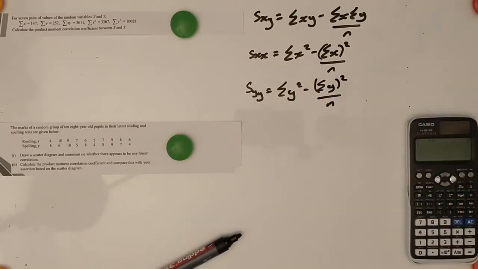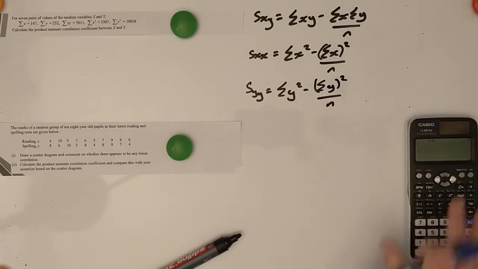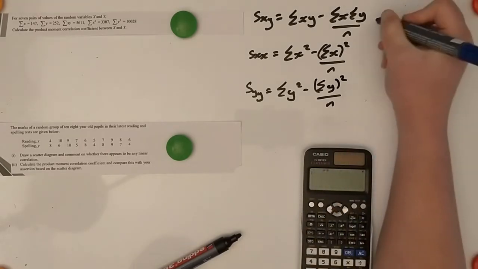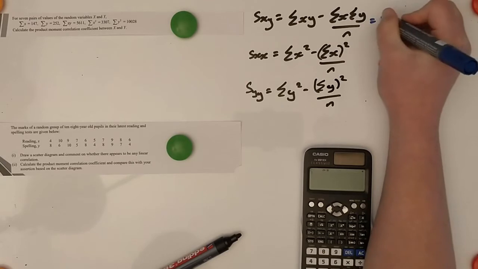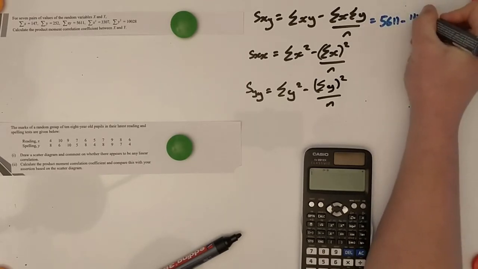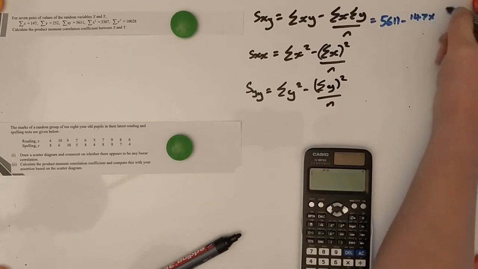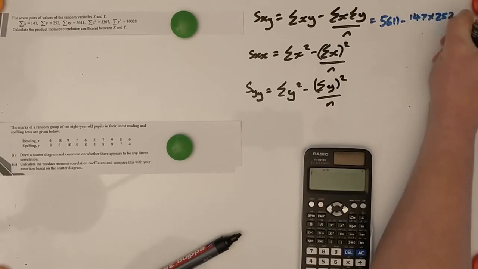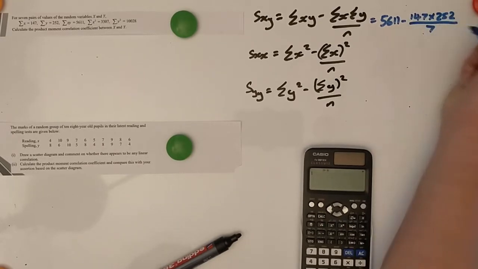So if we just put those values into our calculator, sum of XY is 5611 minus 147 times 252 over 7.